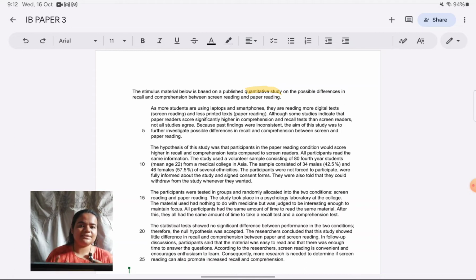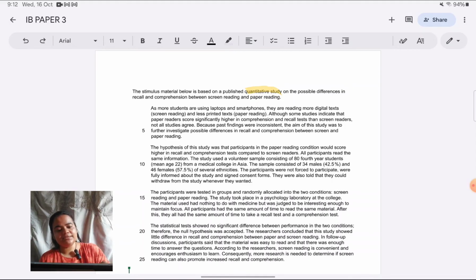So this primes us into focusing only on what we have learned in the quantitative section of research methods. Also, it helps us to narrow down our focus. Once we've read quantitative study, we know it's going to be either a structured interview, structured observation, or an experiment. So now we are ready with a limited selection of what can be possible for a quantitative study. We need not focus on the qualitative parts. Like mentally, we can eliminate those research methods.